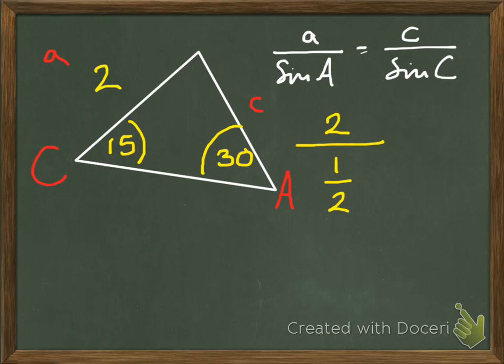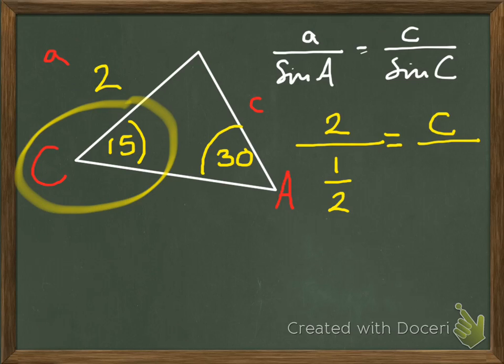Now see how I'm writing it, and I'm not freaking out everybody, I'm just putting the numbers in. And then I've got c, which is here, and I don't know what c is yet, but that's not going to faze me. I'm just going to put c in here, over sine of capital C, and sine of 15 is a quarter.